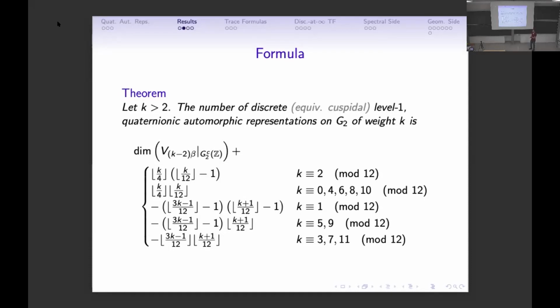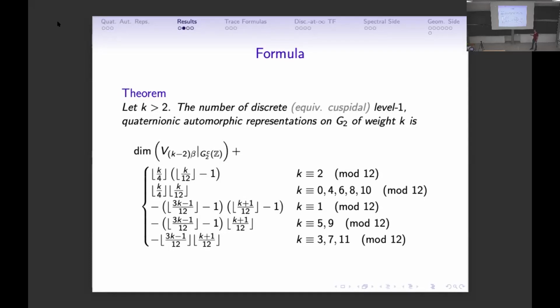Can level 1 quaternionic ones be seen by algebraic modular forms? No, because there's this correction term down here. The algebraic modular forms will be this dimension of the fixed points, but there's also this correction over here. The next slide will go over that a little bit more.